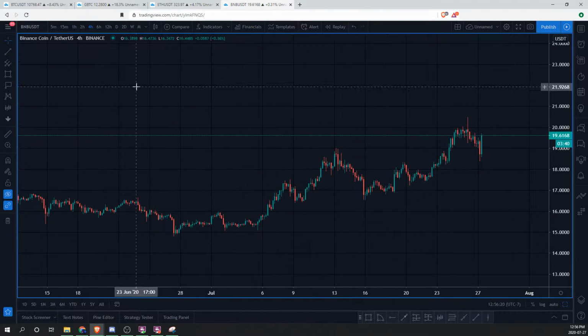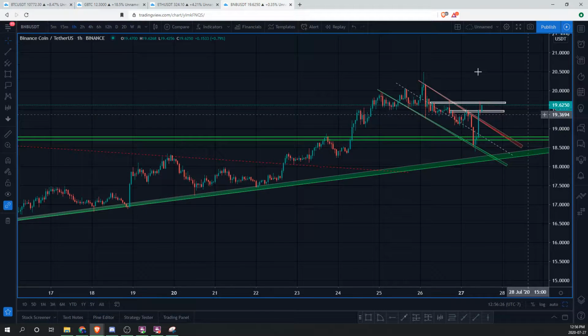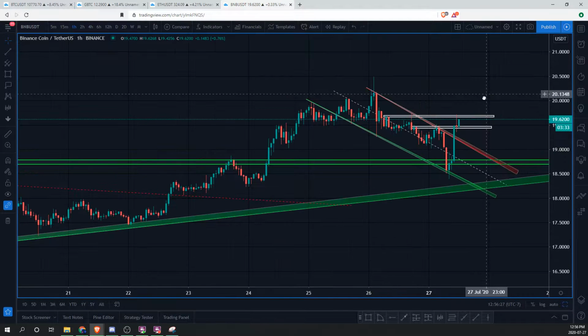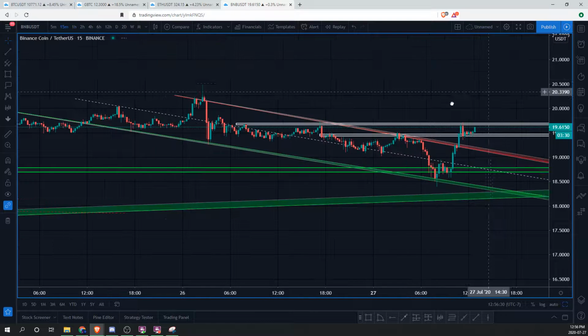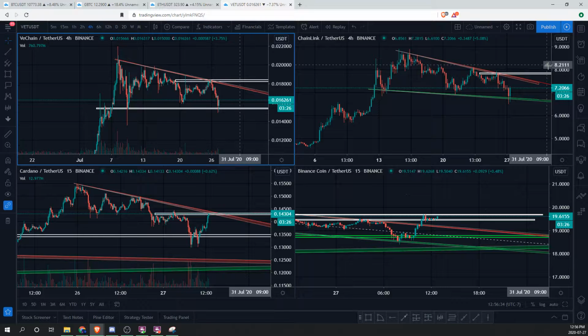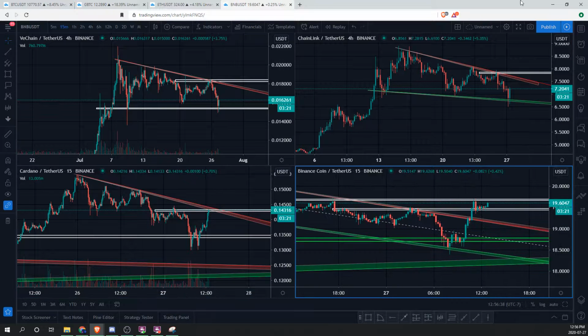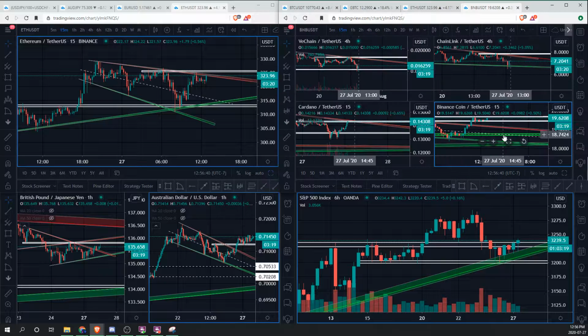I think that alts are going to start climbing, and I want to have exposure in the alts that are, in my opinion, showing relative strength compared to the rest of the altcoin market, which, like I said, is things like VeChain, Link, Cardano, Binance Coin's looking pretty good. ZEC actually looked pretty decent on the relative strength.